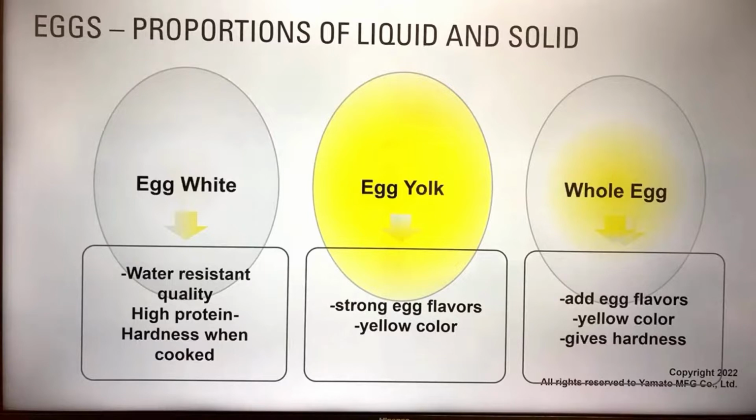And whole egg is a mix: it adds egg flavor and yellow color, but not as much as egg yolk alone, and it gives hardness, not as much as egg white alone, but because it contains egg white, when you apply heat, it hardens a little bit.